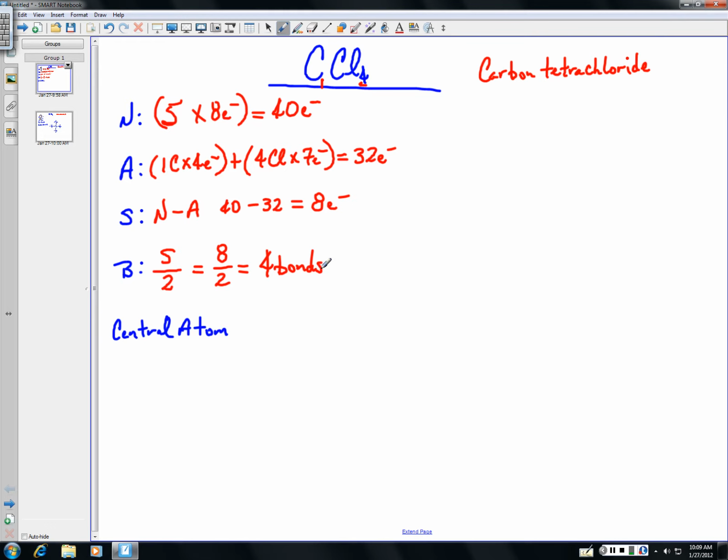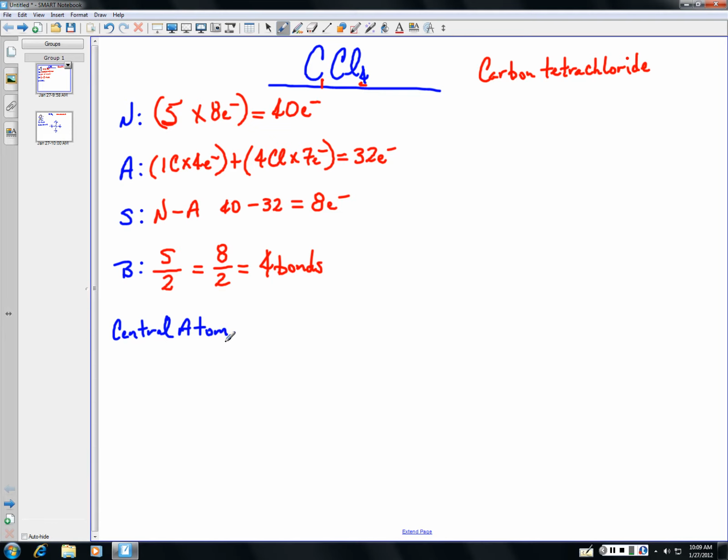The next thing we want to do is figure out our central atom. Remember how we're doing that? We're going to look at what's the least electronegative element in that compound. So you need your periodic table, and you need to remember your electronegativity trend. If you look at it, carbon is farther away from fluorine than chlorine is, so for one thing, carbon is less electronegative.